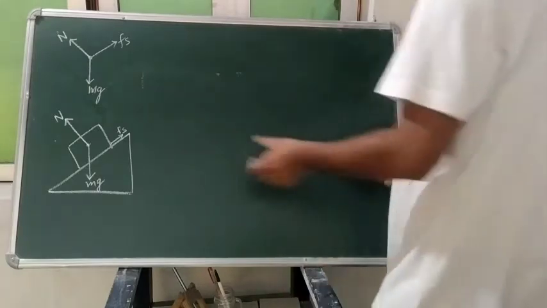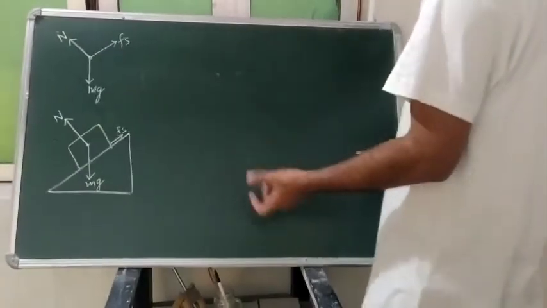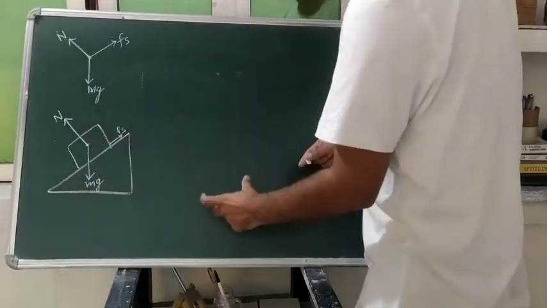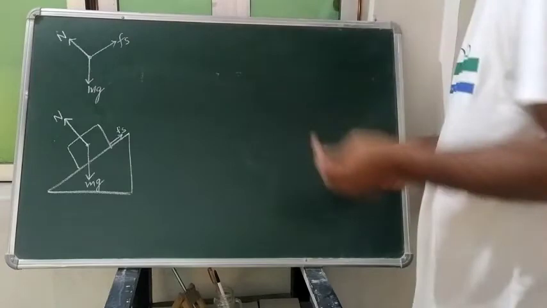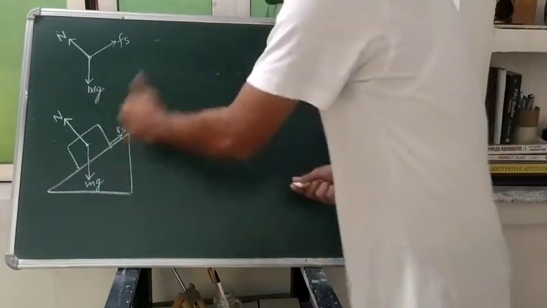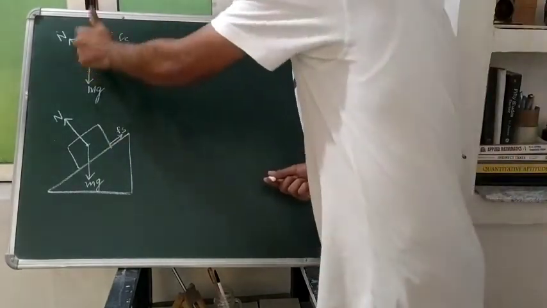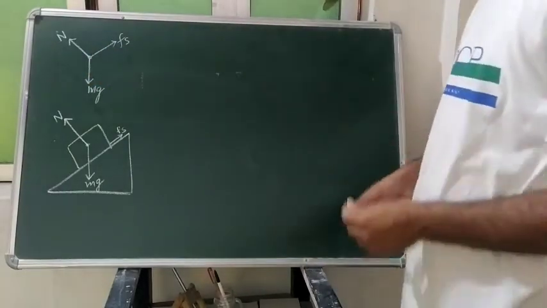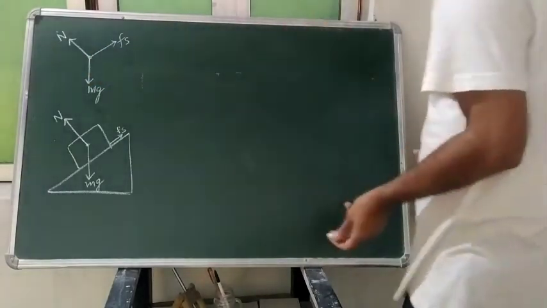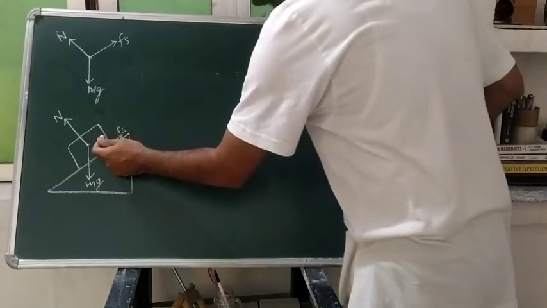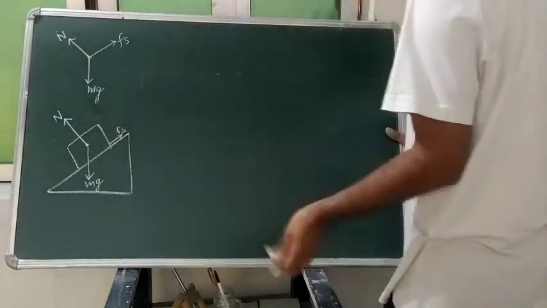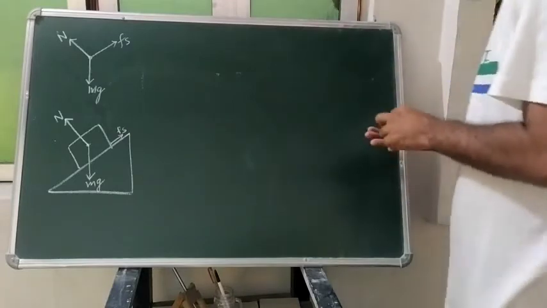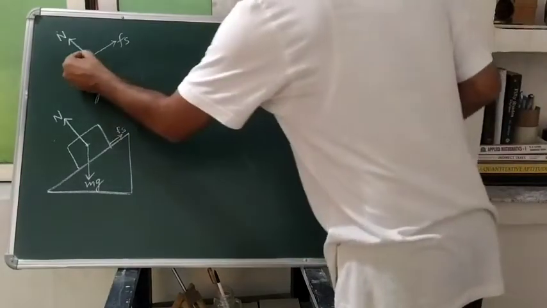Look, friends, this is a vector, and we will study that a vector can be shifted from one place to another place. So we shifted it and brought it to the same position. You should not get confused about why F of S is here and why we have not drawn it there. We can shift that.